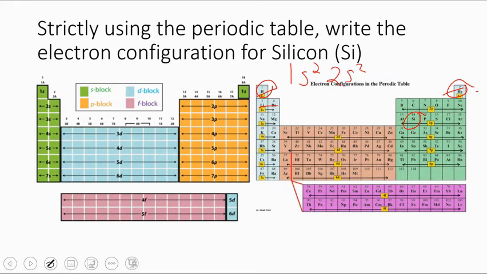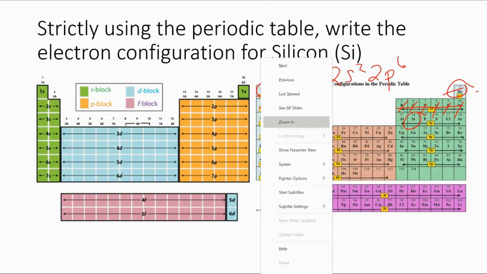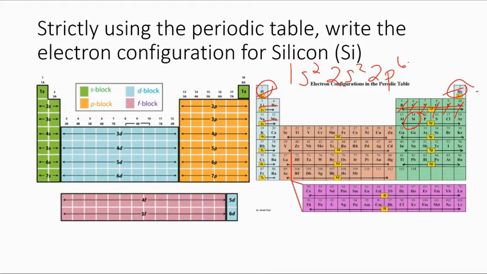Then I go across here to P, just like reading a book. You're going to move left to right and then go down the next row. So then I have 2p, and how many electrons did I have in that? I had 1, 2, 3, 4, 5, 6. So that's going to be 2p6. Okay. And then I have 3s2.